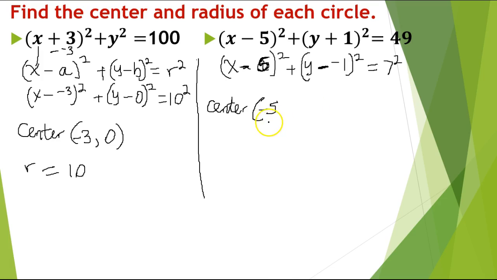Oh, sorry, that's not -5. This is just 5. It's +5. And comma, and then -1. Okay, don't let this negative confuse you. Remember, the subtraction here is the default, so 5 is positive. And then the radius is 7, because that's what is squared.